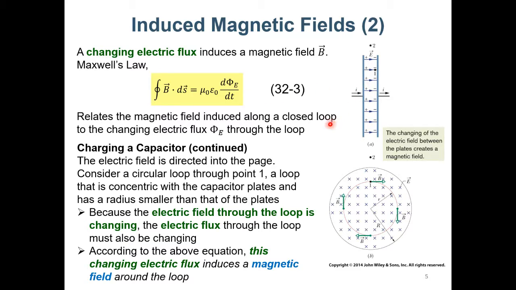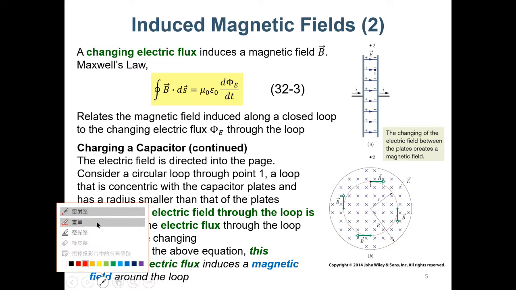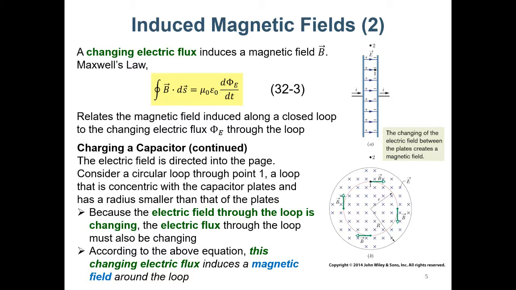But as you know in circuit analysis, I equals C dV/dt, which means that if the voltage between these two plates is changing, there will be current.